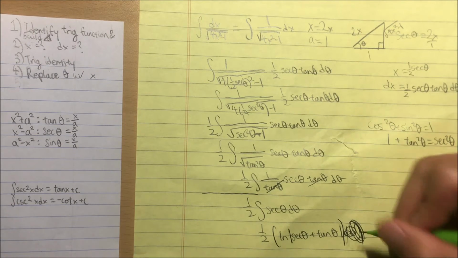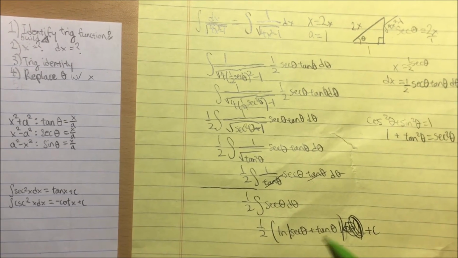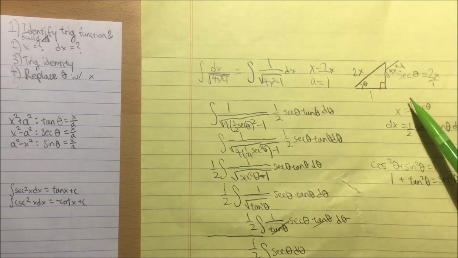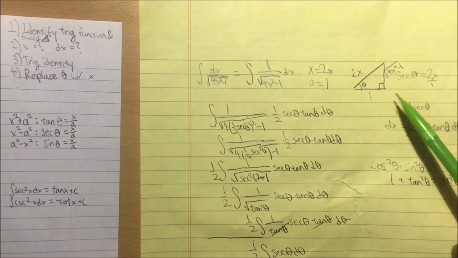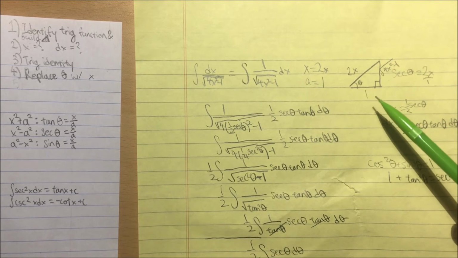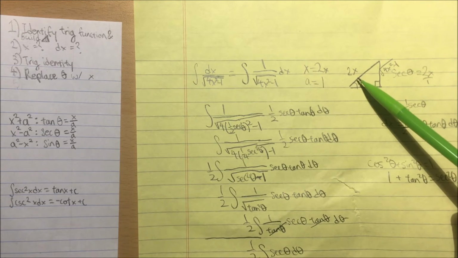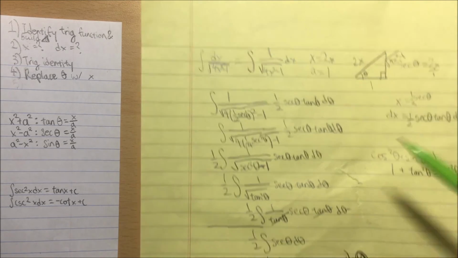And from here, let's add that plus c. We need to find the secant of theta and then the tangent of theta from this triangle. As I said, the secant of theta is the flip version of cosine of theta, and cosine is adjacent over hypotenuse, so that would be 1 over 2x, but for secant it would be 2x.